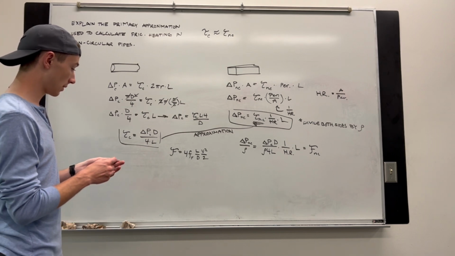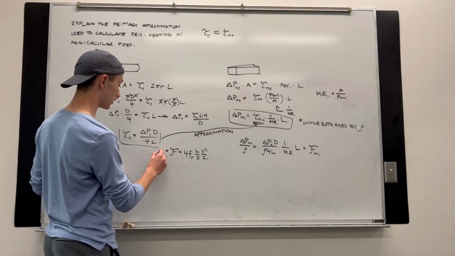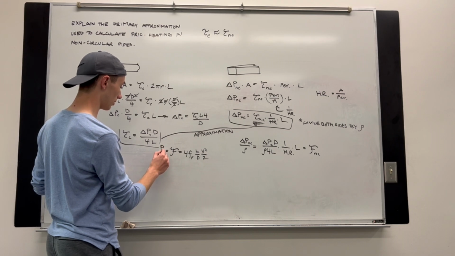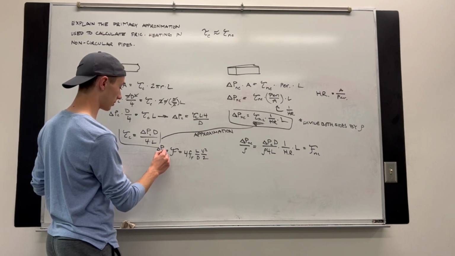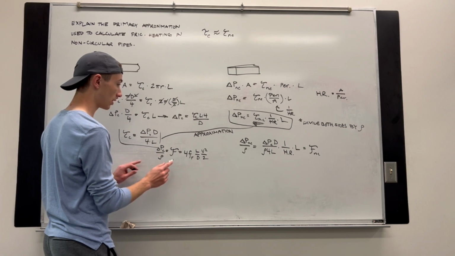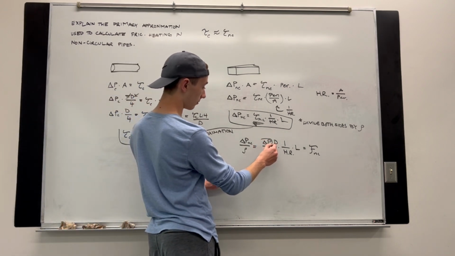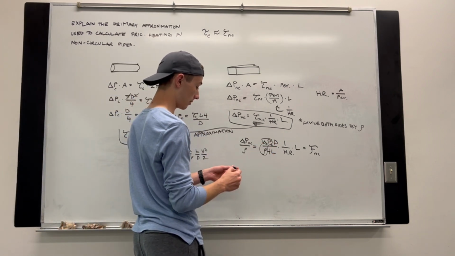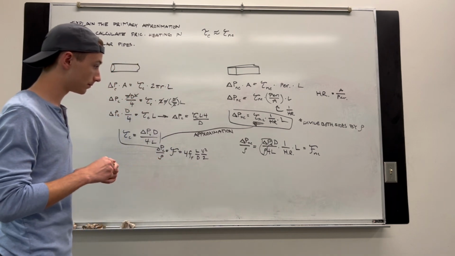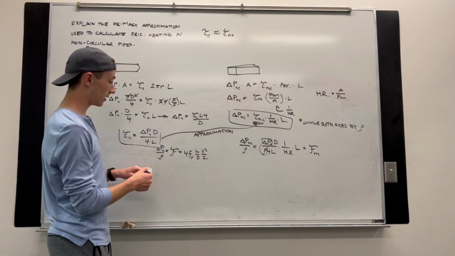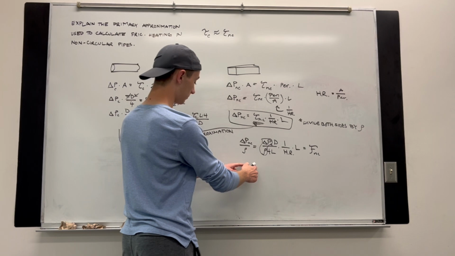And this is equal to the change in pressure for a circular pipe over rho, which is exactly what we have right here. So we can go ahead and plug that into here.